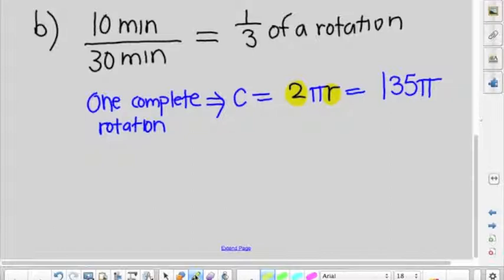So, in order to figure out the distance, my distance is going to be equal to 1/3 of a rotation.